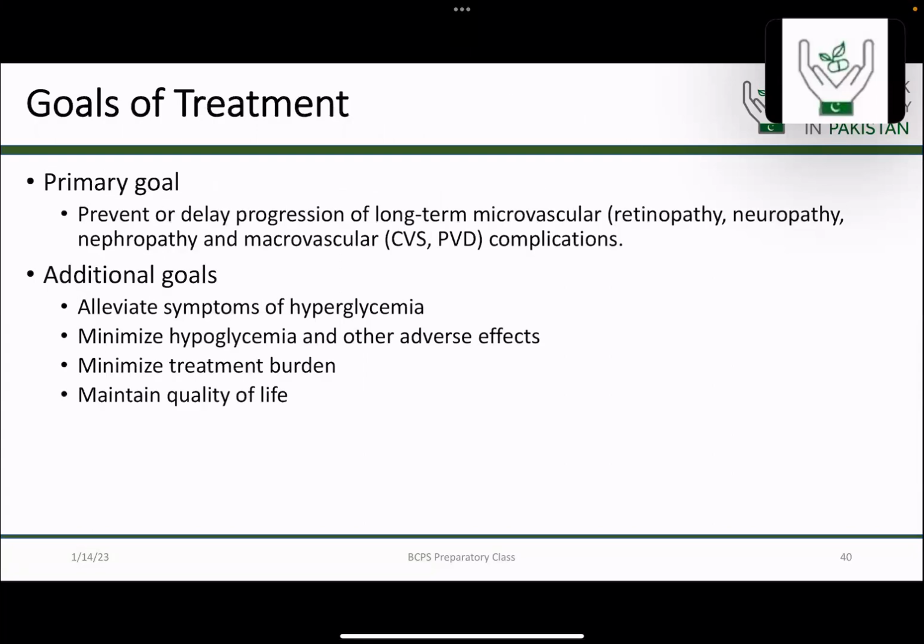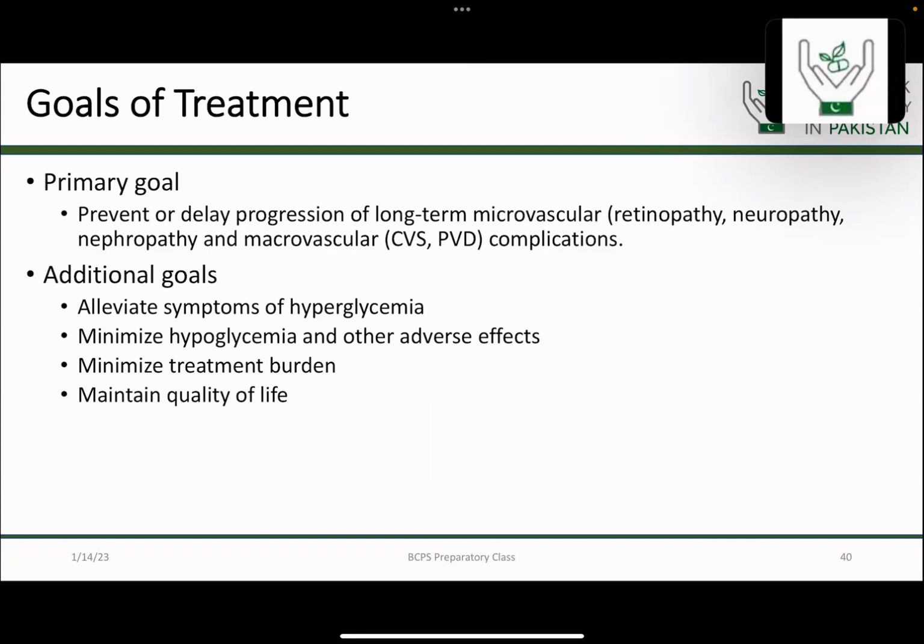Goals of treatment in diabetes: the primary goal is to prevent or delay progression of long-term microvascular and macrovascular complications. Most of the people think that the primary goal of diabetes is to just control the glucose levels, but this is not true. The primary goal is to delay and prevent the progression. Obviously, that is related to the glucose levels, but the long-term microvascular and macrovascular complications are actually deadly in diabetes.